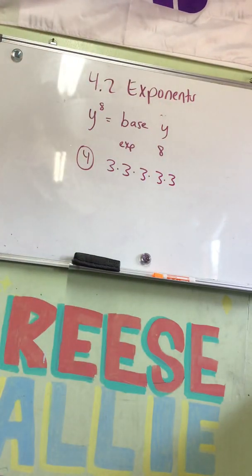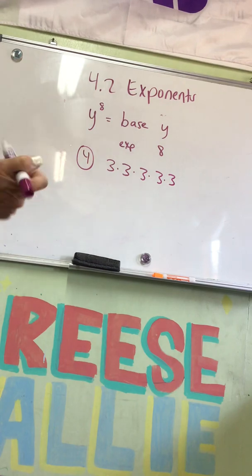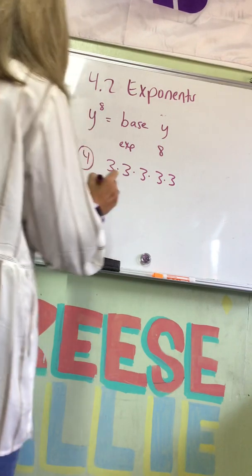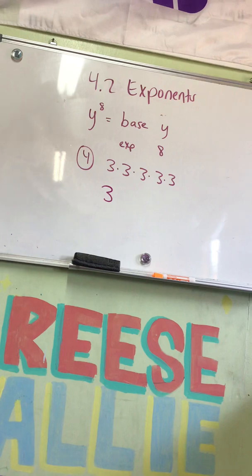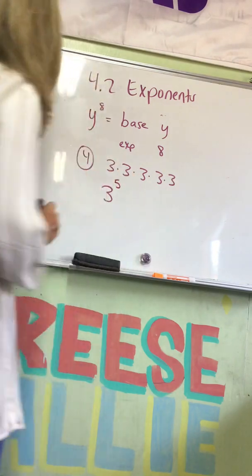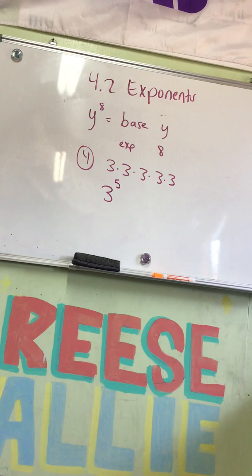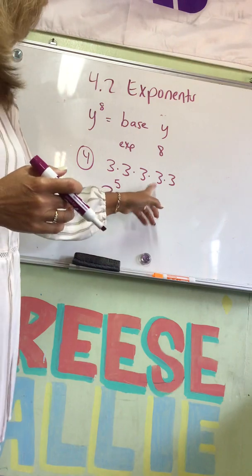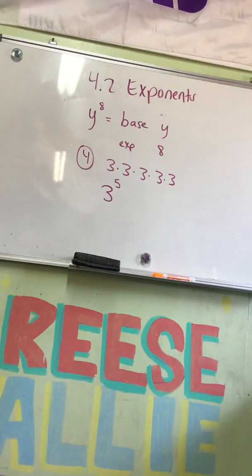Obviously the base is 3. The exponent is how many 3s there are, because that's how many you're multiplying together, and that's 5. They want you to write it out just like that. They do not want you to execute it, but you can do it pretty quick. 9 times 9 is 81. 81 times 3 is 240 something. So you could do that, but it says do not solve.